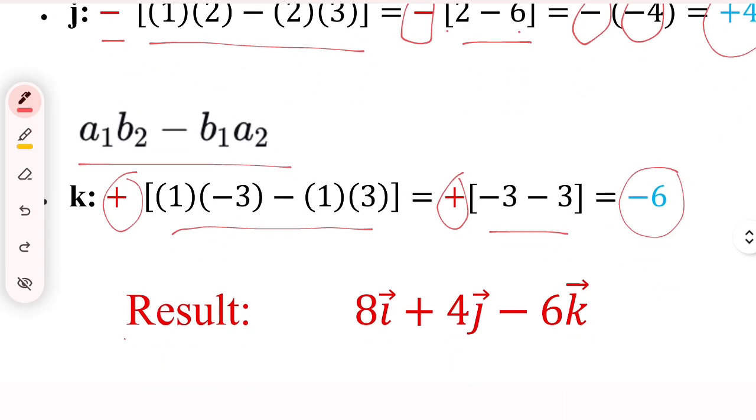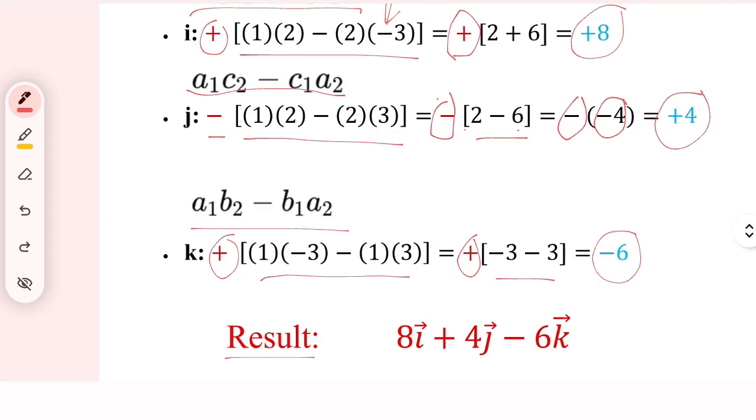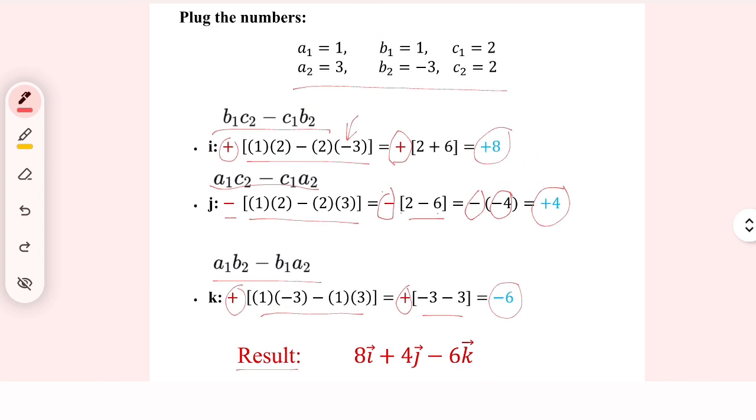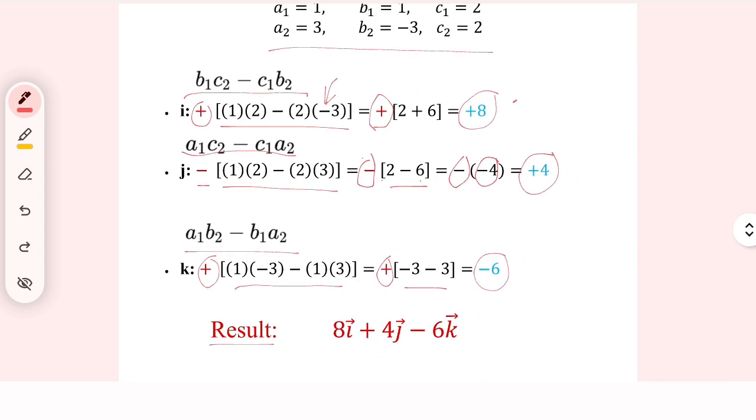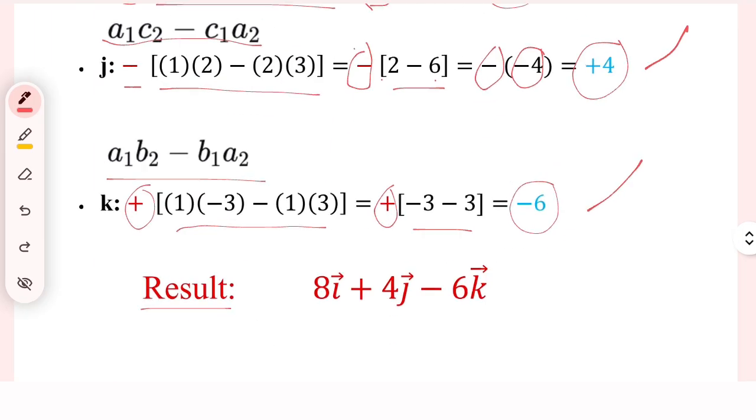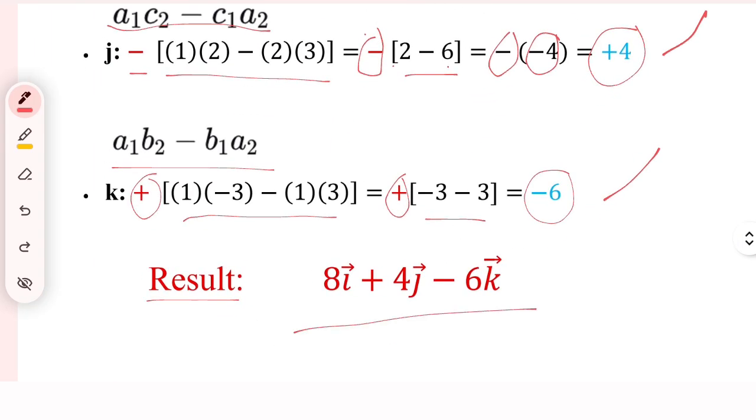And finally, the result, when we multiplied the two vectors, the result is, we have here positive 8 for I, positive 4j, negative 4k. And that is what we have here, positive 8i plus 4j minus 6k. And that will be our final answer for the product of two vectors P and Q.